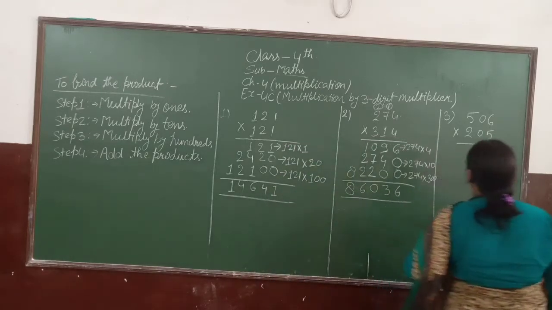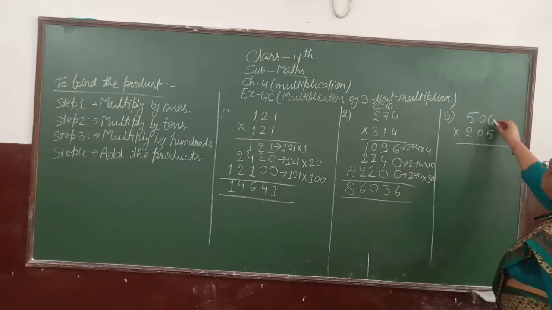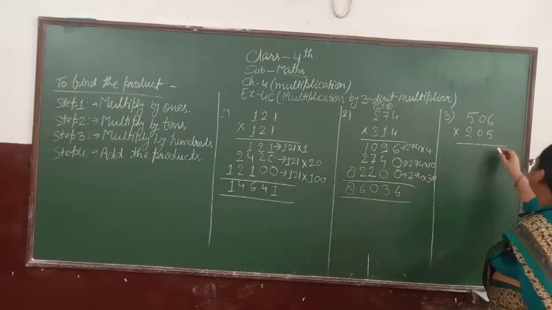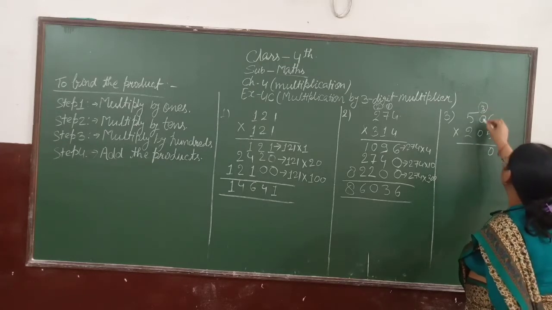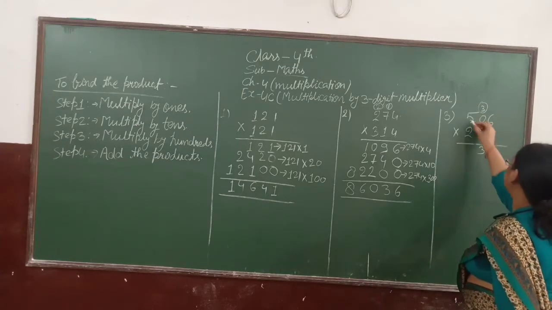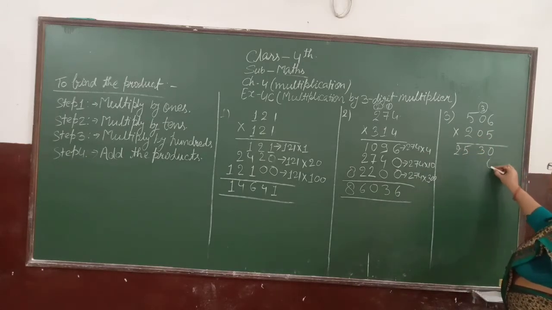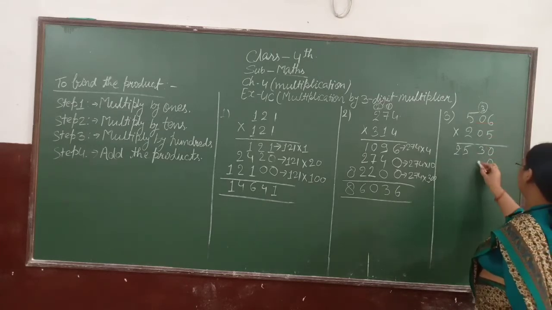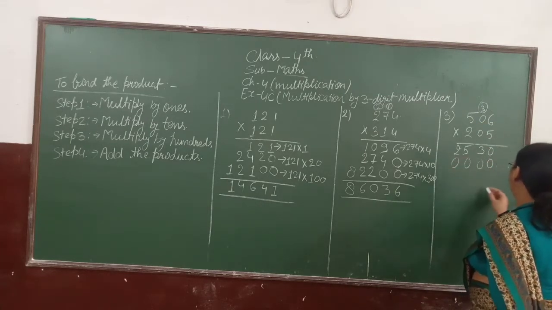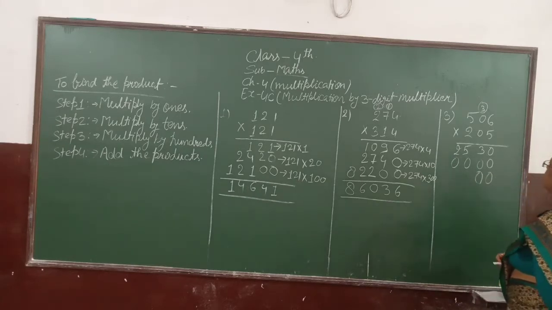And now question number third. 6 5s are 30, 0 3, so put 3, 5 5s are 25, put 0 on the unit place. This all comes 0 and 0 at unit place and tens place.